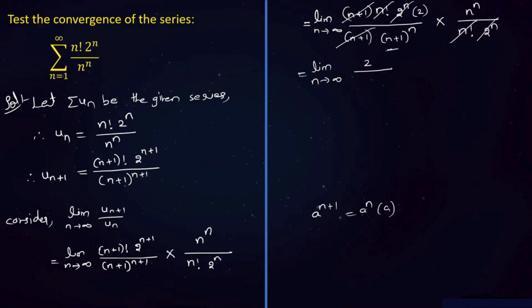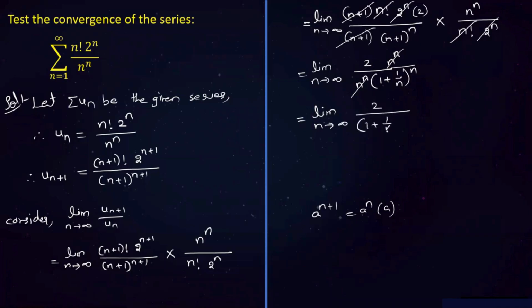From n plus 1 whole to the power of n, when I take n common, it comes out as n to the power of n multiplied by 1 plus 1 by n whole to the power of n. What remains in the numerator is n to the power of n. The other things are already cancelled out. So now you can cancel even this n to the power of n. Then what remains is limit n tends to infinity, 2 divided by 1 plus 1 by n whole to the power of n.